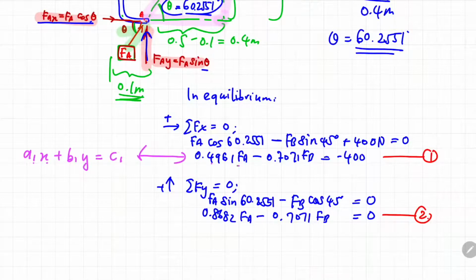So in this case, our first unknown is FA. So this is our x. B1 is negative 0.7071, and the second unknown is y, which is this FB, okay, and so on and so forth lah. So accordingly, the second equation pula must have the form of A2x plus B2y equivalent to C2. Okay, so you match with the second equation.